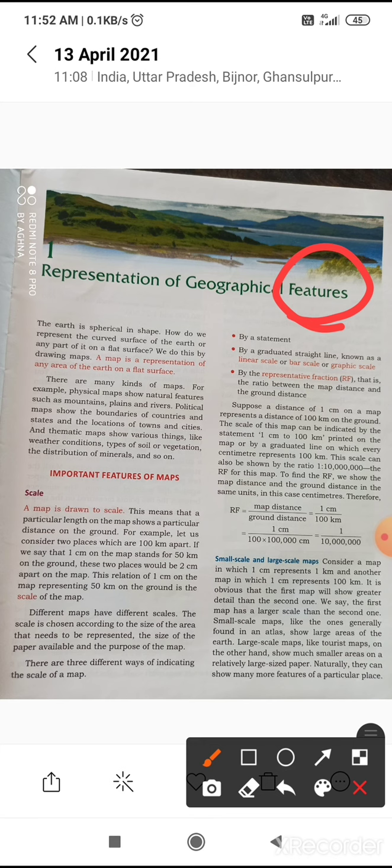Man-made things are, you can say, like church, temple, mosque, hut. These are known as man-made. And natural features are mountains, plains, plateaus. So they are known as natural features. So we will discuss this thing in this chapter.